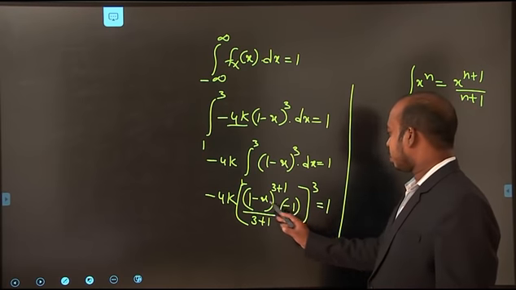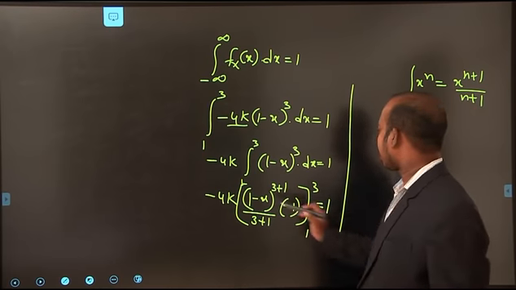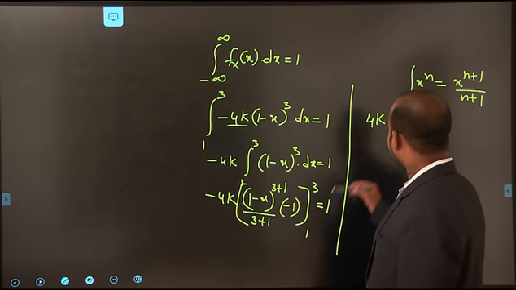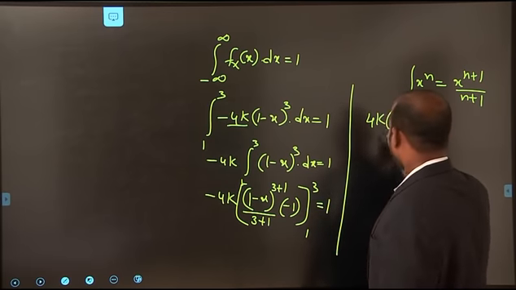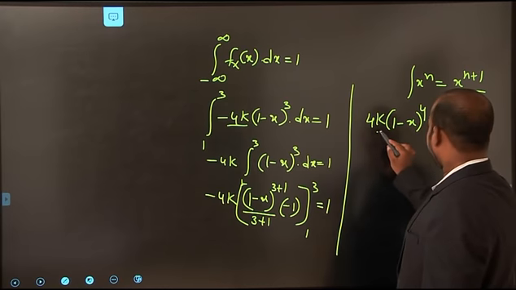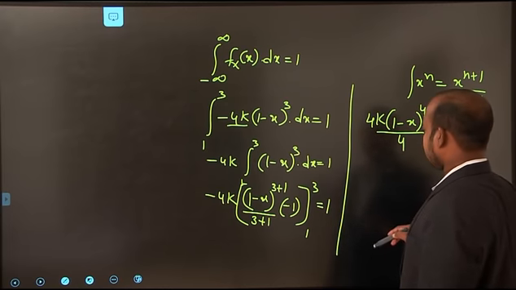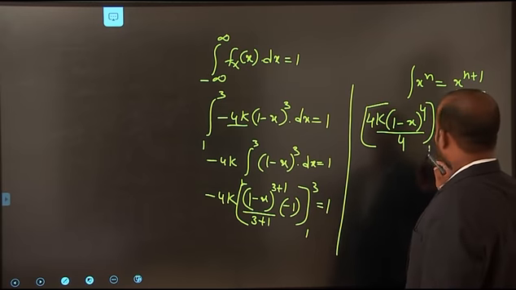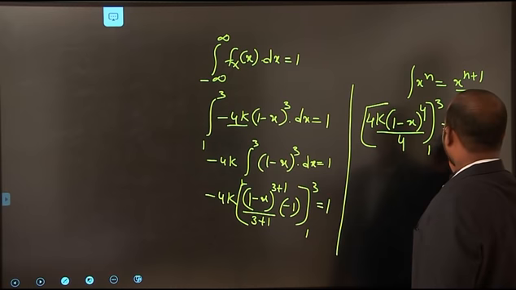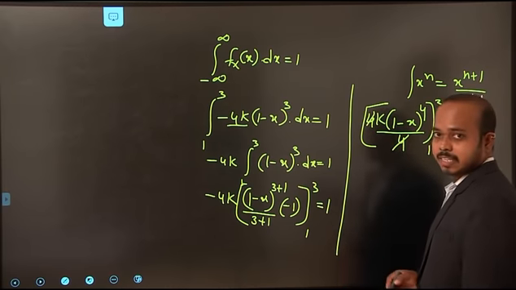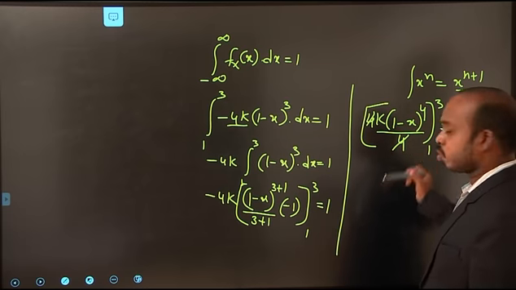I am taking this as 4k. Minus minus both are cancelled. We have got 4k into (1 minus x) whole power 4 divided by 4, with limits 1 to 3, equal to 1. Here the denominator 4 and numerator 4 both are cancelled.